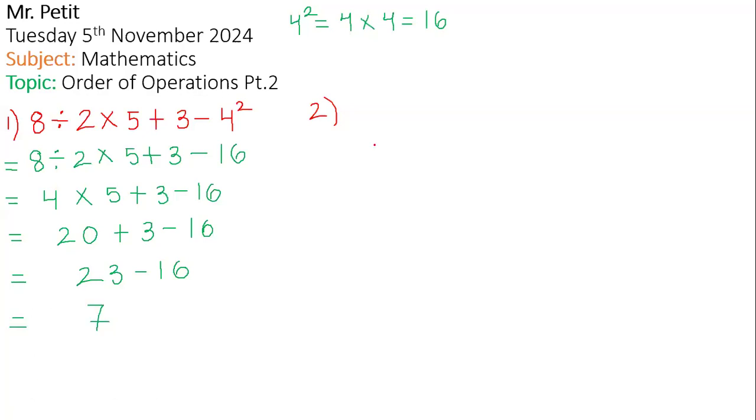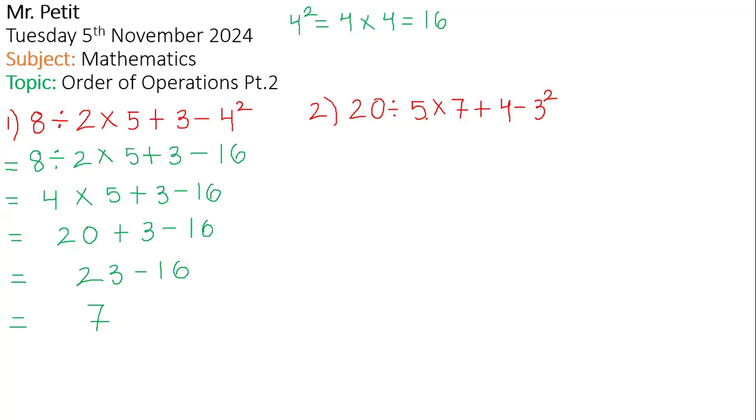Okay, so let's say we have 20 divided by 5 multiplied by 7 plus 4 minus 3 squared.